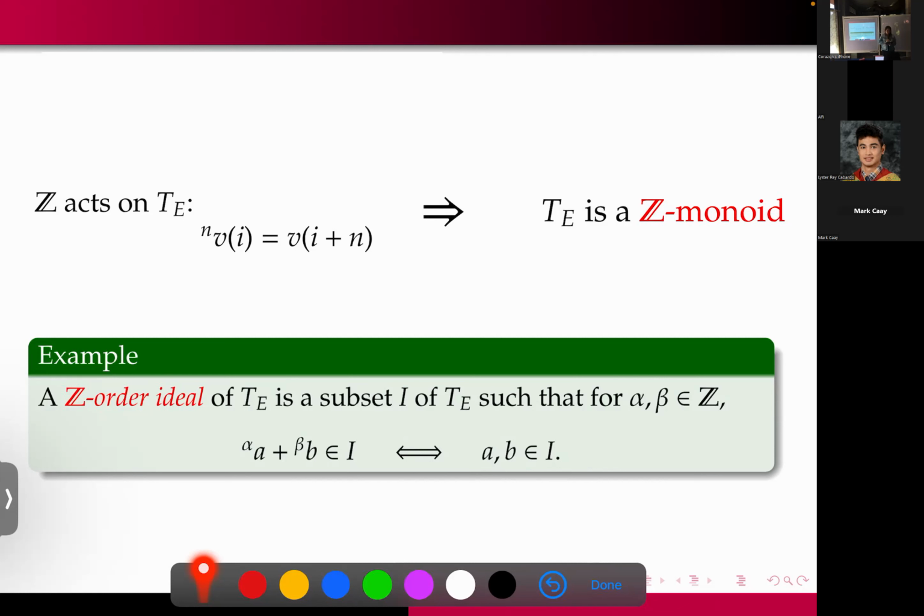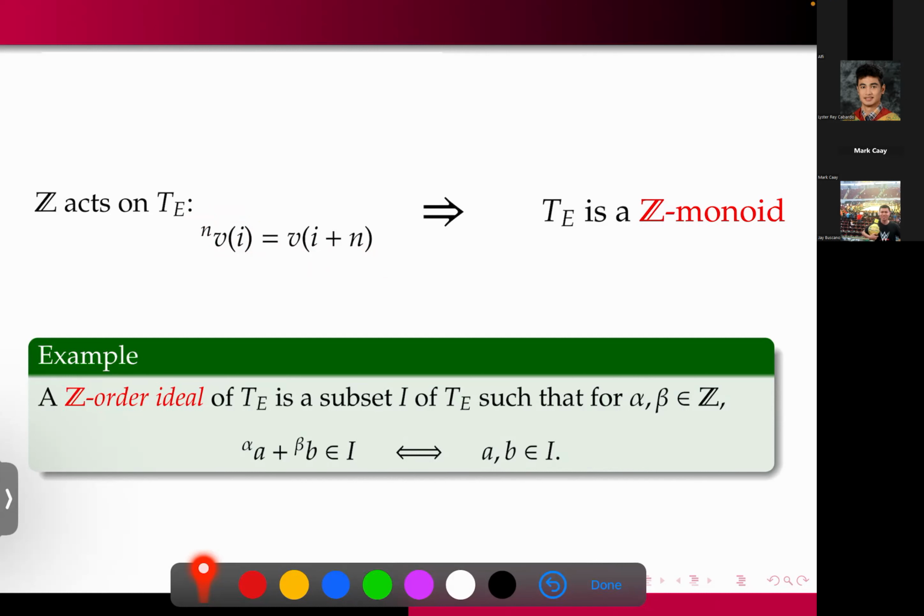So if I denote my action of n on an element b of I in this form, then the action would just be this shifting of indices. I'm just increasing the index by n. And you just extend this in a natural linear way. Because of this, you have an action of the set of integers on the talented monoid, which tells us that your talented monoid is a Z monoid.